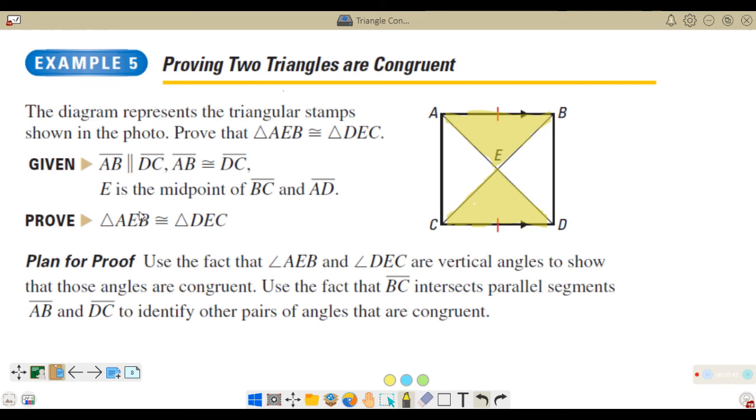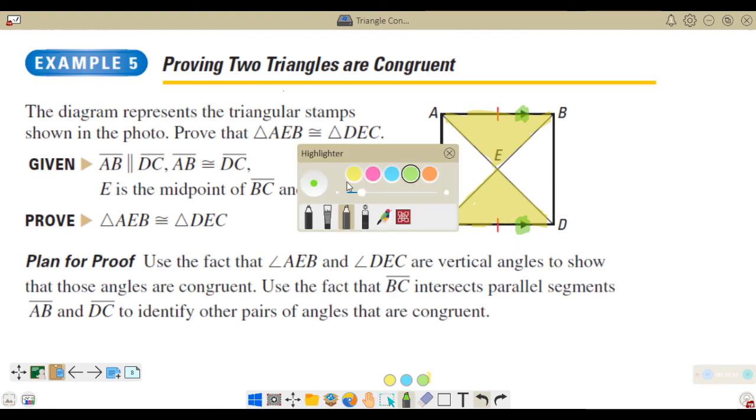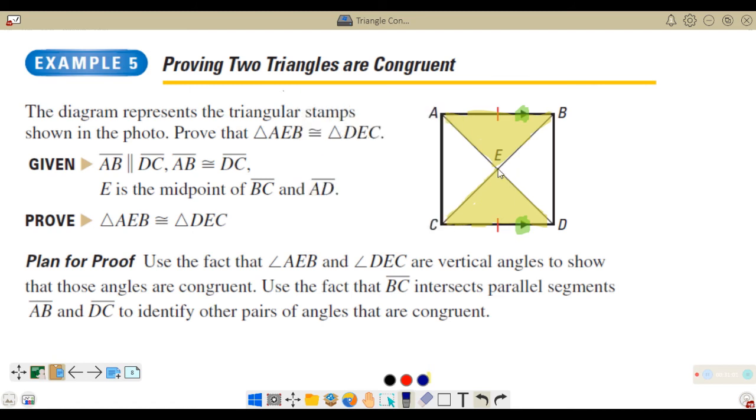And we are also given that meron tayong special na marking dito. Ayan, may dalawang arrow. Ibig sabihin, si AB ay parallel kay CD or DC. And also, given na rin that AB is congruent to DC. May isa pang given, si midpoint. Sabi niya, ito daw E ay midpoint ng BC at saka ng AD.